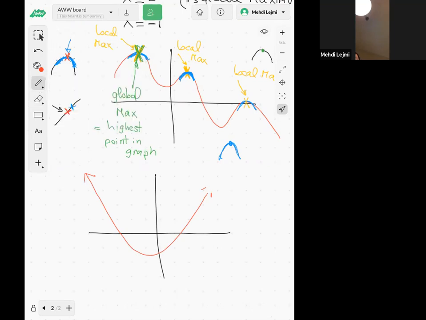It continues all the way up. Here the same, it continues all the way up, right? So then there's no global maximum, and also there's no local maximum. In this case, there's no local maximum.